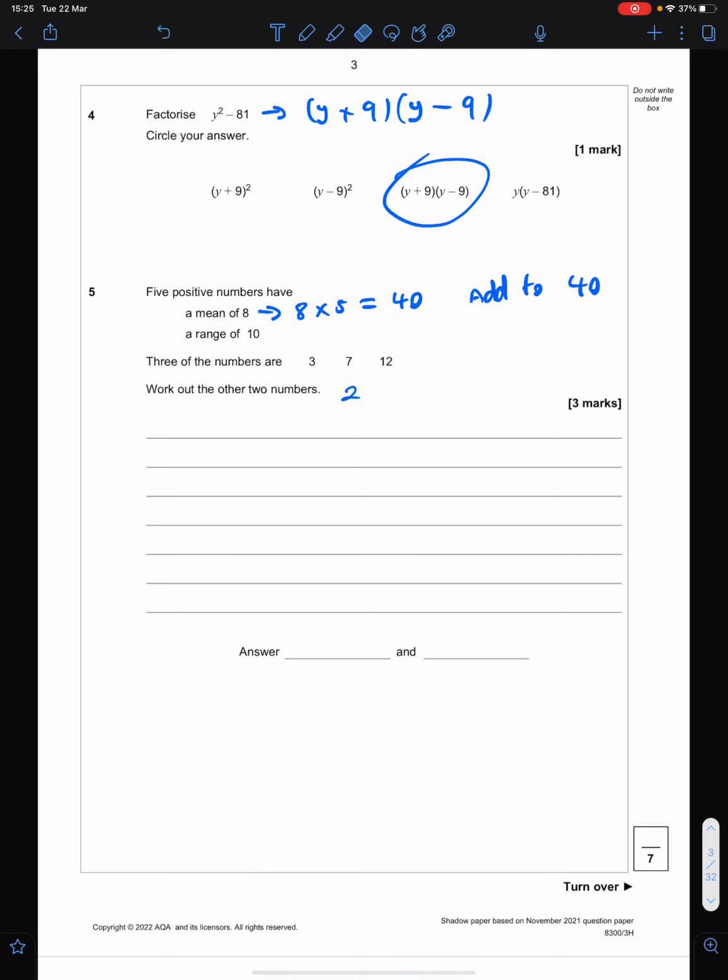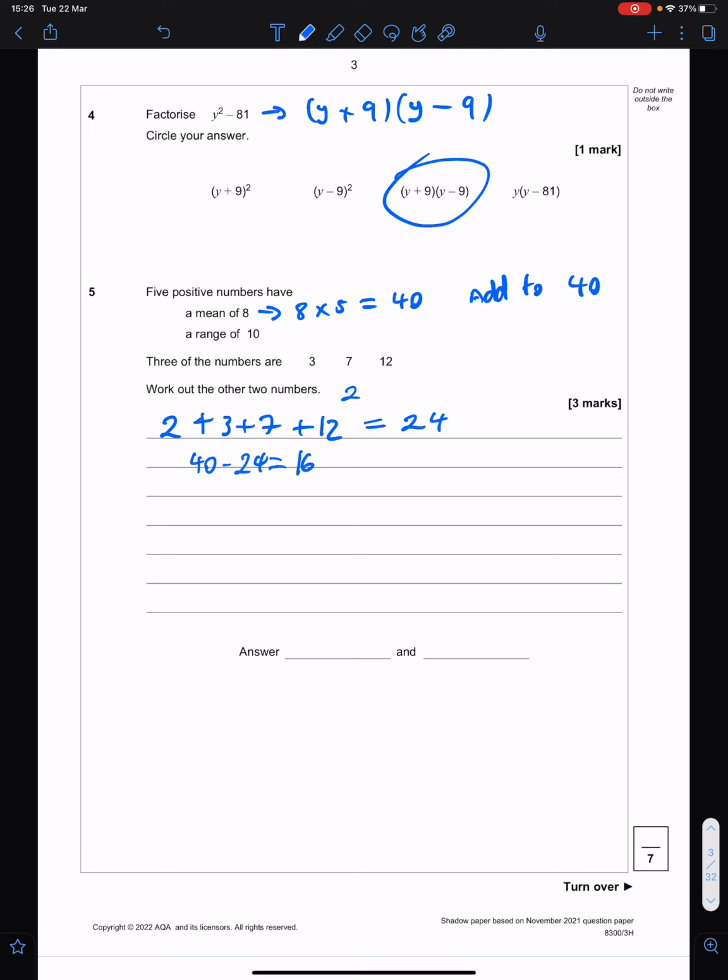So if we did 2 plus 3 plus 7 plus 12, well, that would give us 24. And then remember, all the numbers have to add up to 40. So we do 40 minus 24, giving us 16.